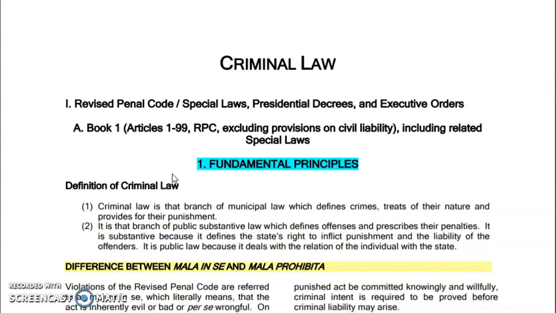This theory believes that man is essentially a moral creature with an absolutely free will to choose between good and evil. While the positivist or realistic theory states that the basis of criminal liability is the sum total of the social and economic phenomena to which the offense is expressed.